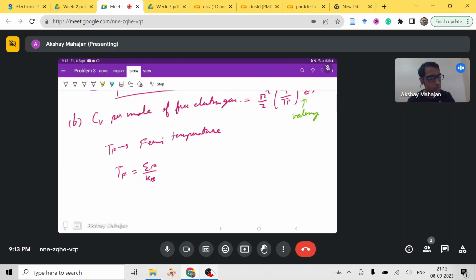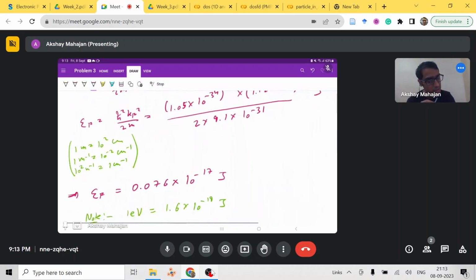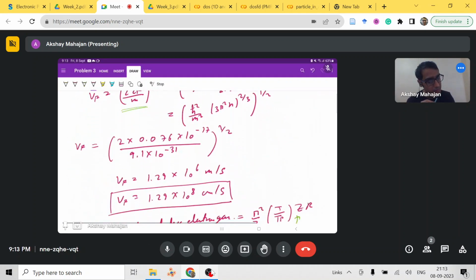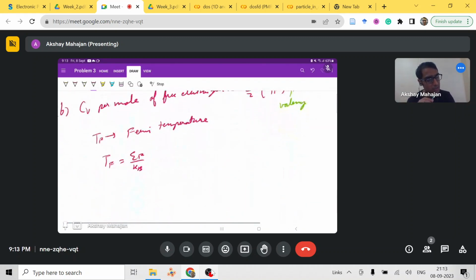But I am not going through the same way as we did for the VF stuff, from epsilon F to KF and from KF to N. We have the epsilon F value, so we can calculate directly from there. If you put all the values, you will get TF equal to 5.51 into 10 to the power 4 Kelvin.